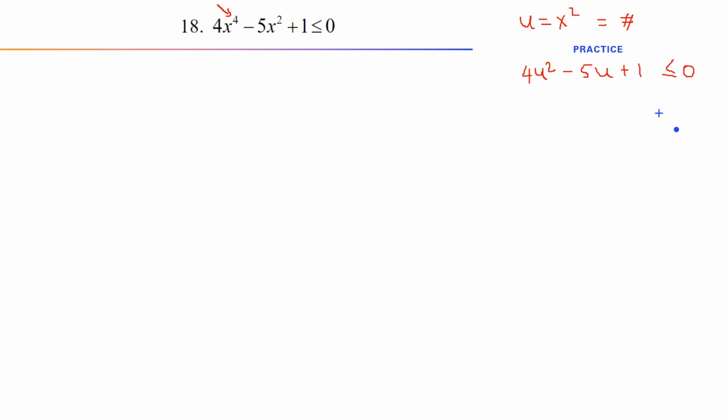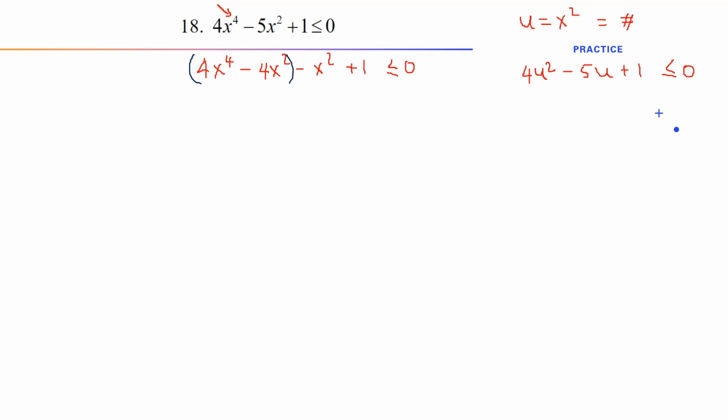So I will use 4 times 1 is 4, and if you add up to negative 5, you have negative 4x squared minus x squared, that is negative 5x squared, plus 1, less than or equal to 0. Now I group the first two and the last two.